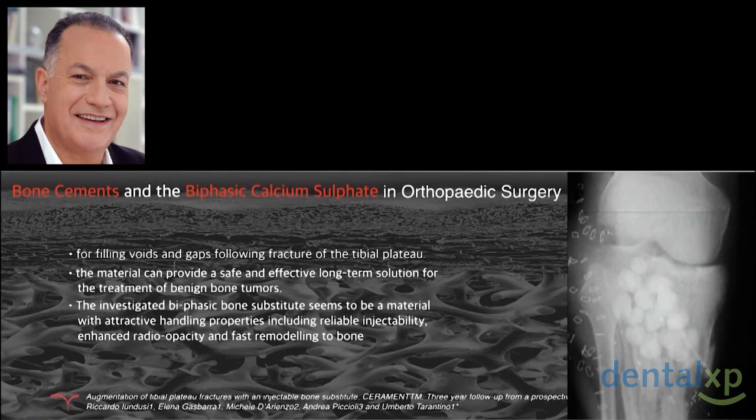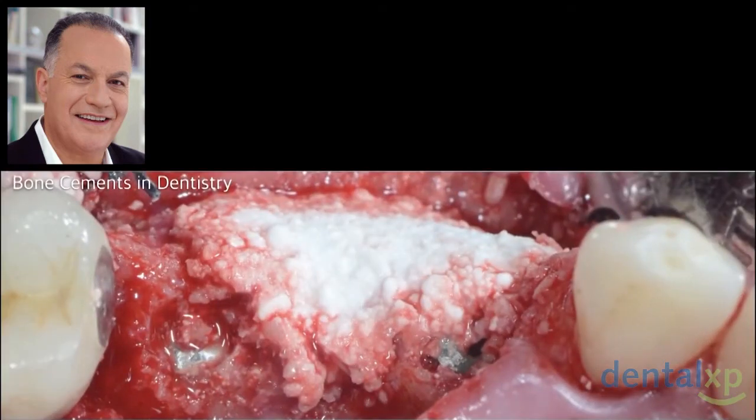Those are the bone cements with biphasic calcium sulfate, in which the hardening of the product is achieved in 20 seconds, with the ability to disappear after a few weeks. This is a synthetic product, also osteoconductive and bioresorbable. Those are the bone cements in dentistry. A very ergonomic product, very simple: place, press, and close.